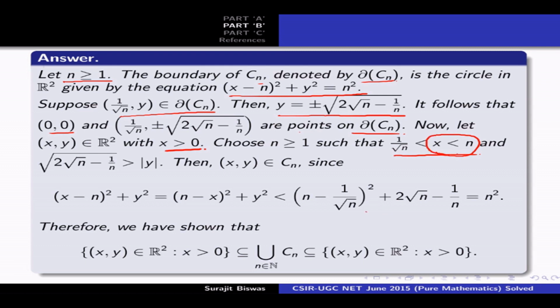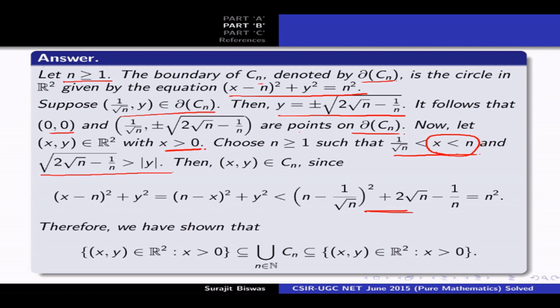And we need to choose n sufficiently large also so that this condition holds. Okay, so modulus of y is less than the modulus of the y coordinate of a point whose x coordinate is 1 by square root n.